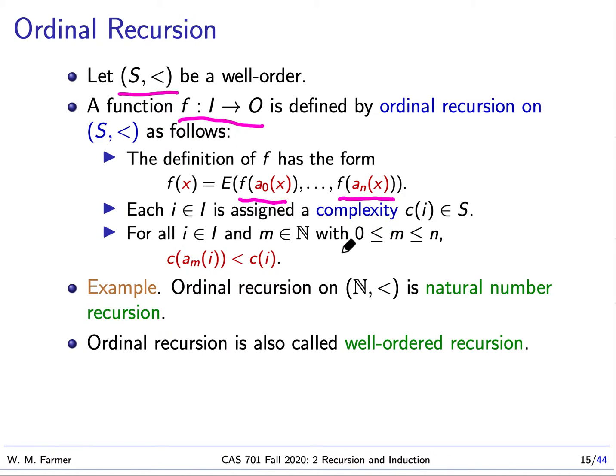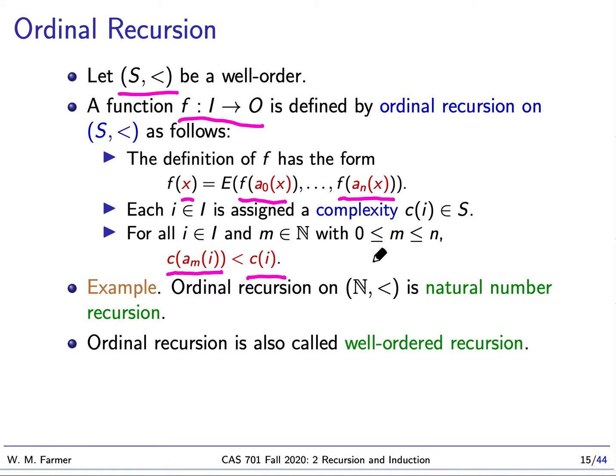So we want this definition to have the property that the complexity assigned to one of these arguments of the recursive calls is always less than the complexity of the original input. So when we make recursive calls, we're applying them to arguments that have smaller complexity.